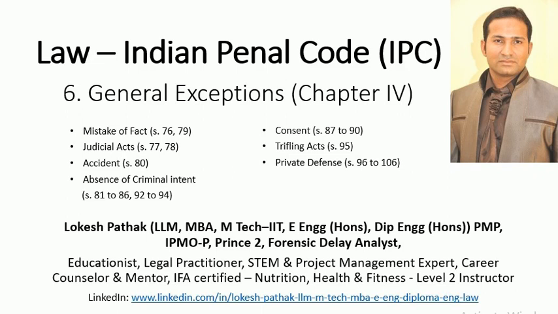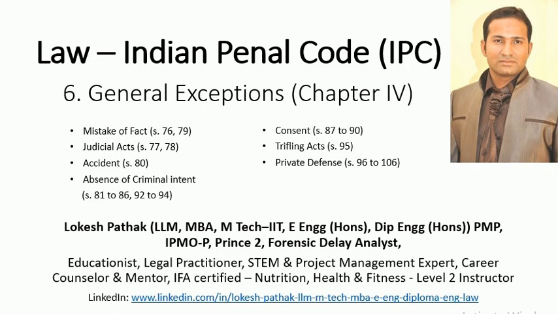It means that if a person commits an act causing a minor harm, with knowledge but without criminal intention, and the purpose of doing that act is to prevent a very big harm, it is no offense, but that needs to be justified in the court of law. Section 82 says nothing is an offense which is done by a child under 7 years of age.